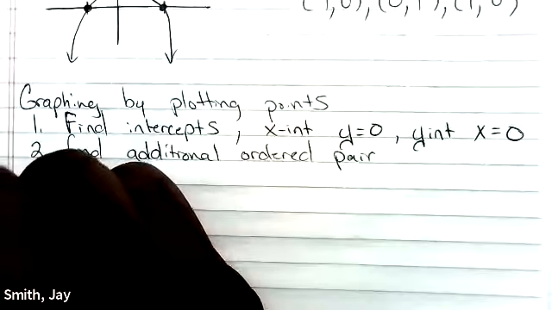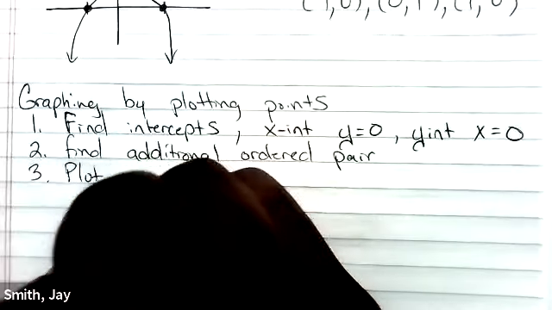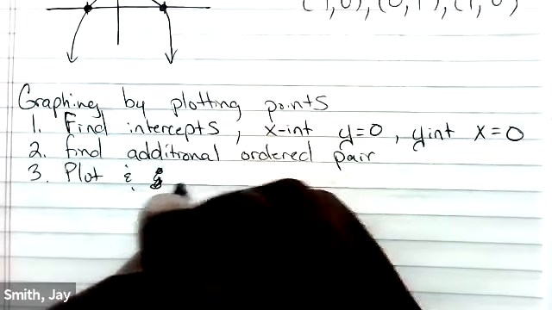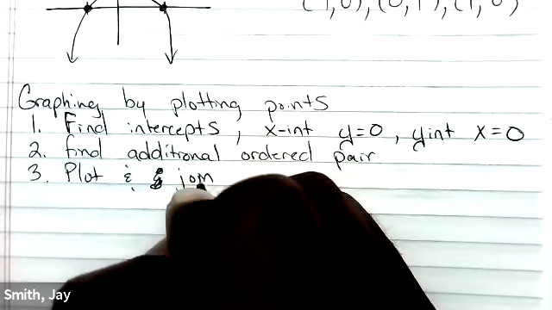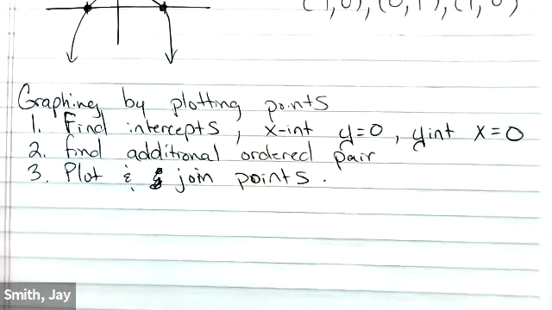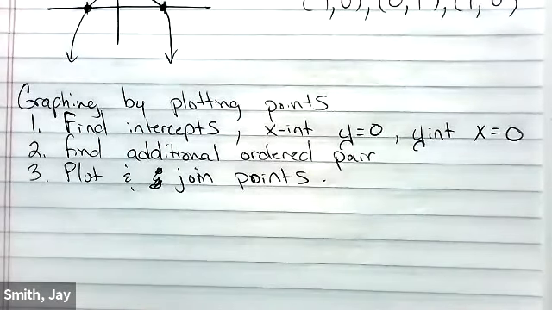And then last step, plot and join points. So you just want to remember that when we're dealing with the x-intercept, we can substitute 0 in for y. And if we're dealing with a y-intercept, we can substitute 0 in for x.